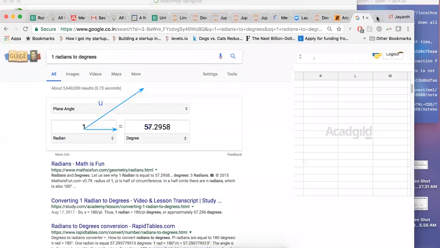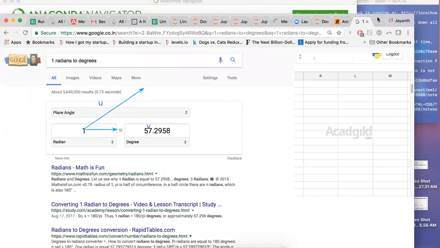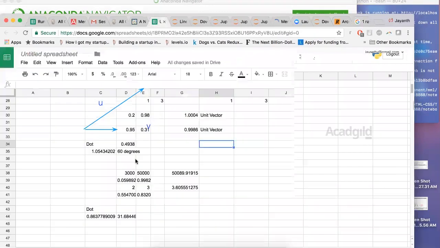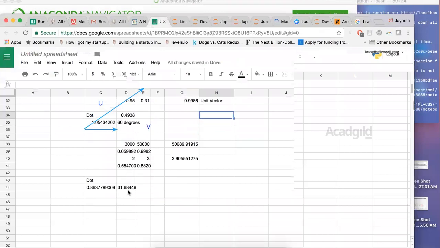Actually, we should multiply with 57.3. The Excel sheet gave me the result in radians. Do you remember radians? 2 pi radians is 360 degrees. So basically we are converting the radians into degrees. Okay, got it. Yeah, so actually 57.3. That's all. I converted radians to degrees.